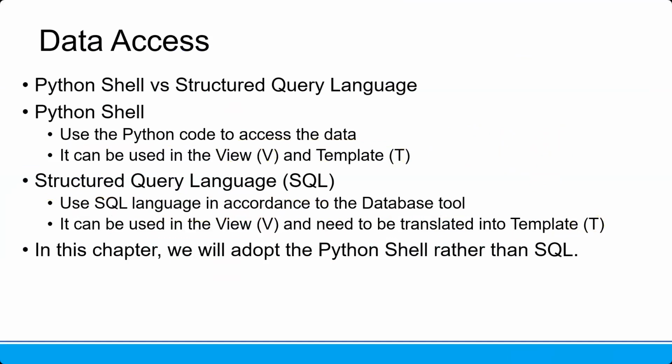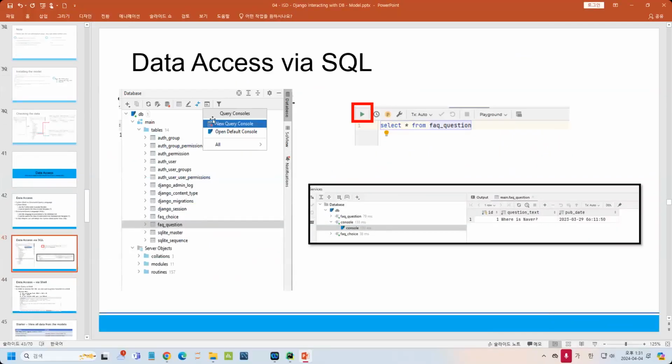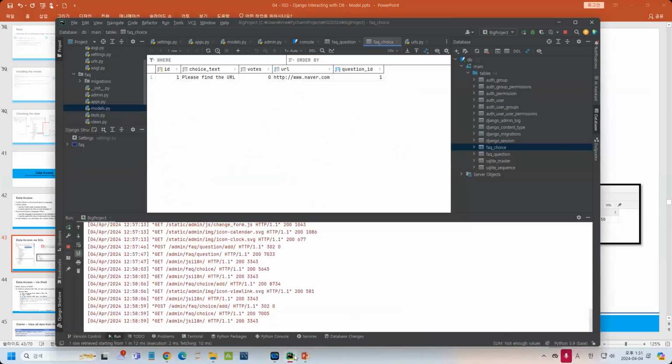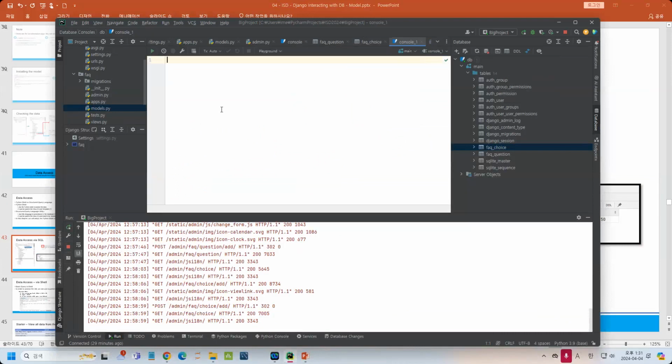So for example, if you want to do the query with the SQL, you can go to this part, query console. There's a new query console. So let's say I want to select star from question.